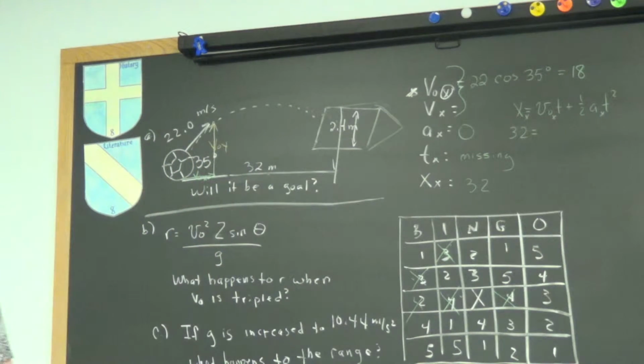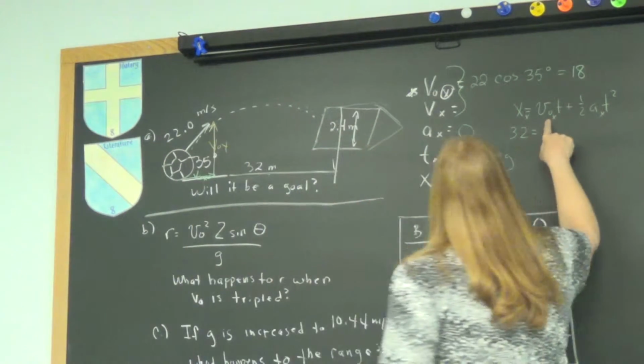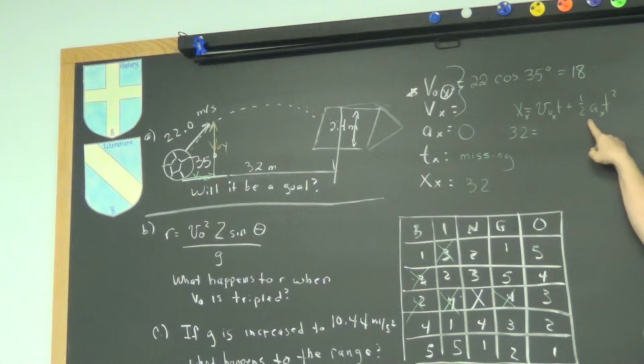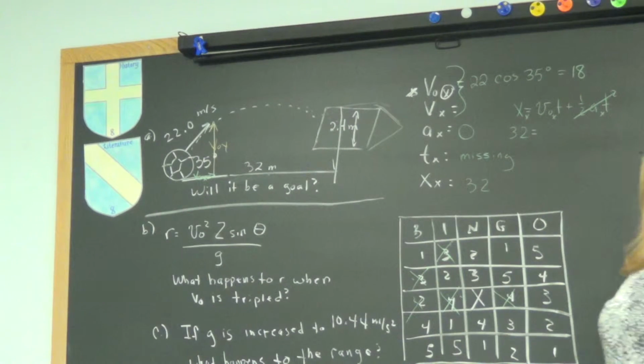Wouldn't the 1/2 a t squared cancel out? Right here. I know, but the 1/2 a would cancel out, right? Why does it cancel out? This is 0. Right, acceleration is 0, so I won't even go there.